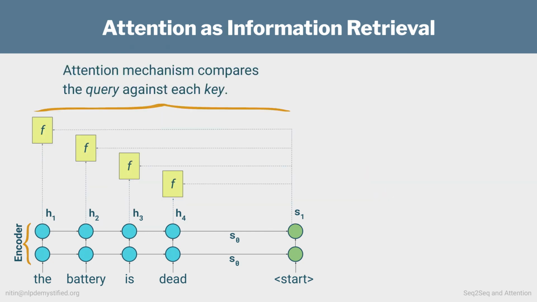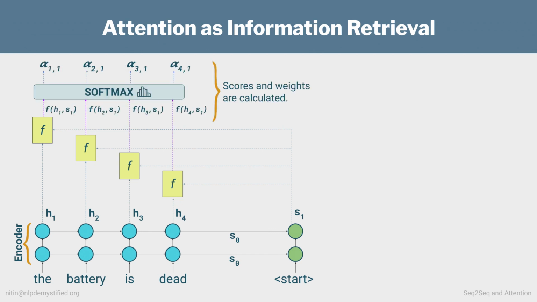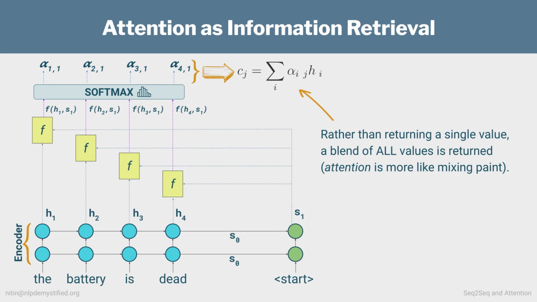Okay, so that's one major difference from our Python dictionary example. The attention mechanism compares the query against each key. Scores and weights are calculated from the comparison, and a context vector is returned. Now, a single vector is returned here, but unlike our Python dictionary example, the vector is a blend of all the values in the information store. So what we get back isn't based on an exact query key match.